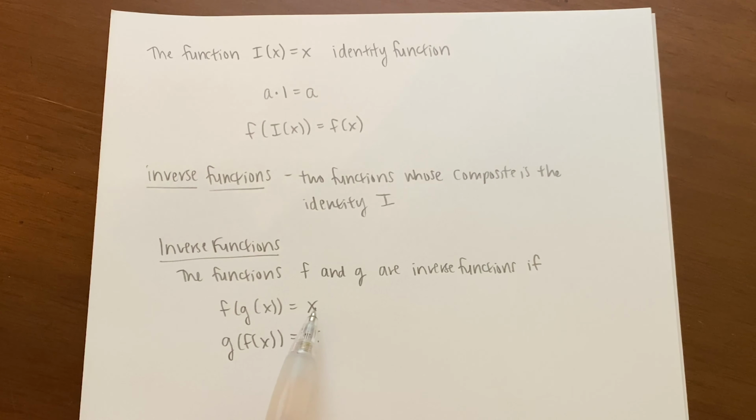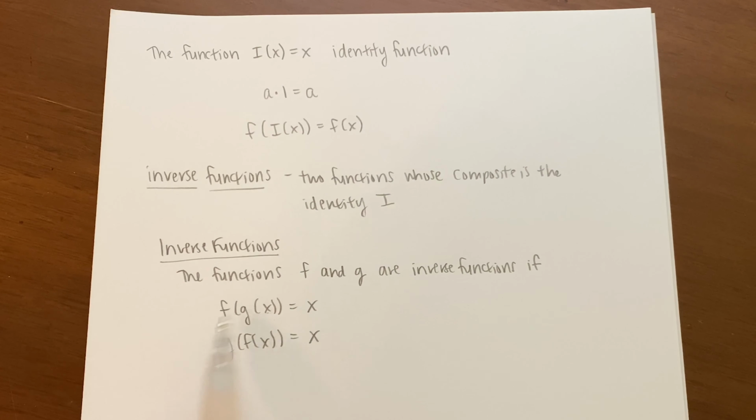And this is for all x's in the domain of g, and this is for all x's in the domain of f. So if there's something excluded from the domain of g of x, it's also going to be excluded from the composition of the functions.